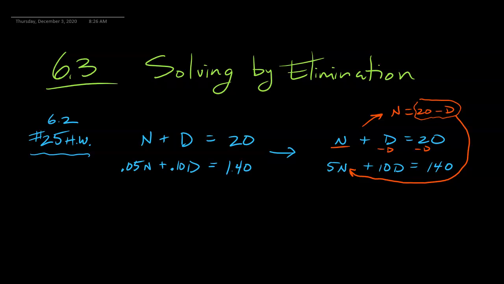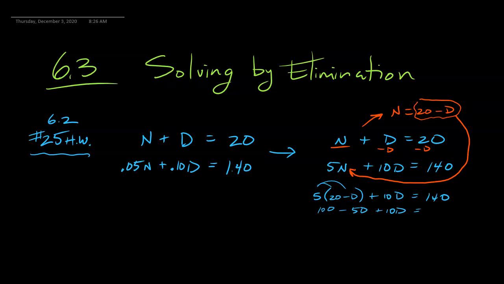So then this would say 5 times (20 minus d), because nickels is 20 minus dimes, plus 10 times d, per dime, is 140. Now, all of this information is about dimes, so when we're done, it should tell us how many dimes we have. So 100 minus 5d.